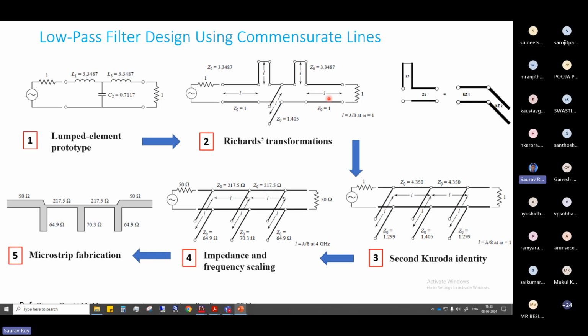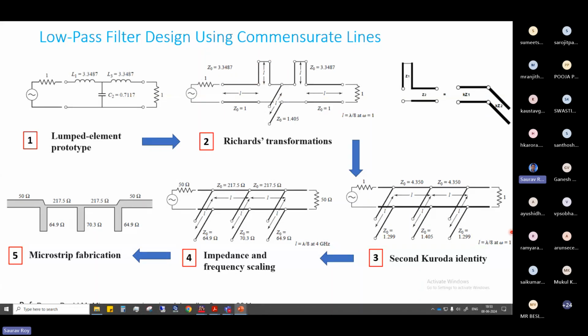This L1 is only this shunt, but this extra additional length we have added so that we can replace this whole thing using Kuroda's identity in section 3.